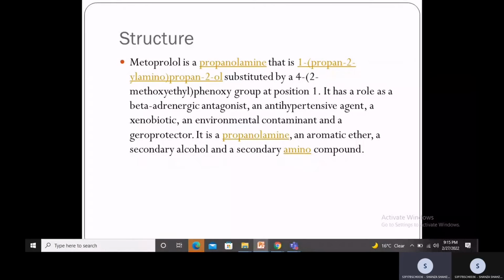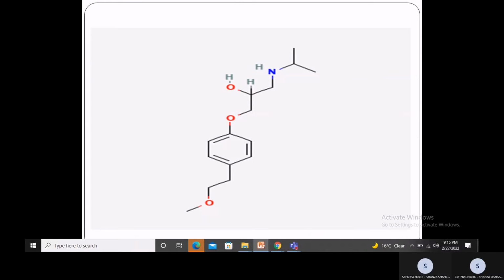It is a propanolamine, an aromatic ether, a secondary alcohol and a secondary amino compound. This is the structure of the beta blocker metoprolol.